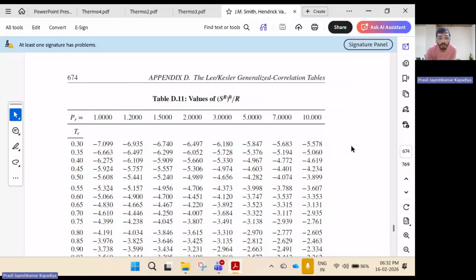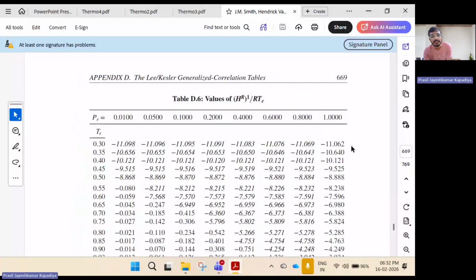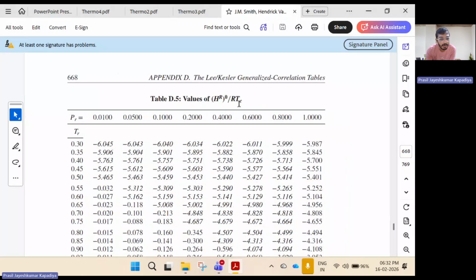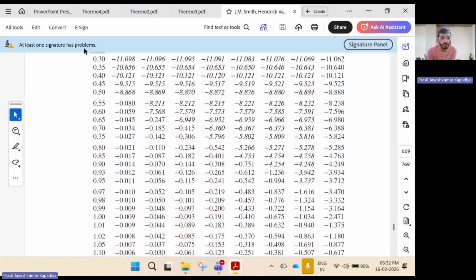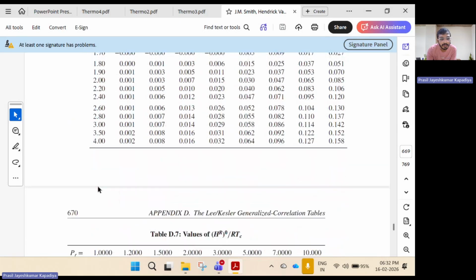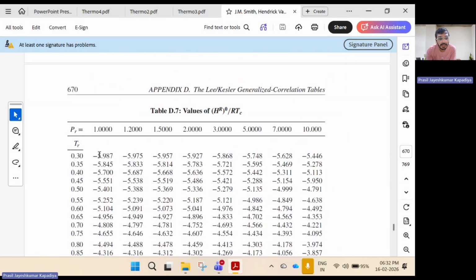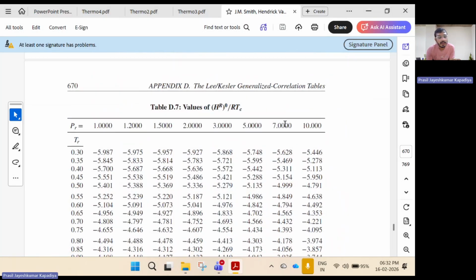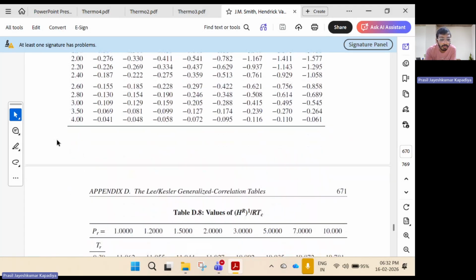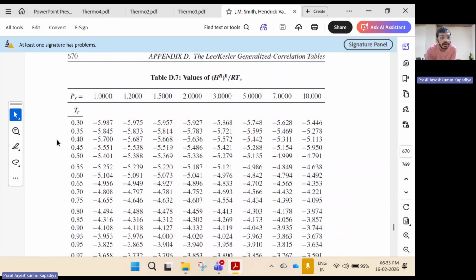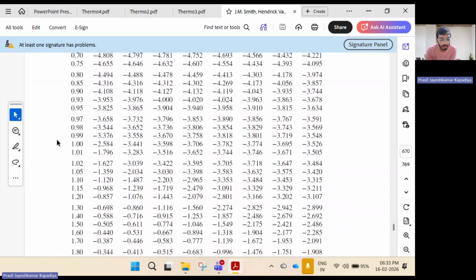If you know the value of this, you need to calculate the terms HR naught by RTC and HR1 by RTC for various values. These charts are available for various values of PR. Let's say PR goes from 0.01 to 1 and TR goes from 0.3 to 4, and further PR goes from 1 to 10 and TR goes from 0.3 to 4.